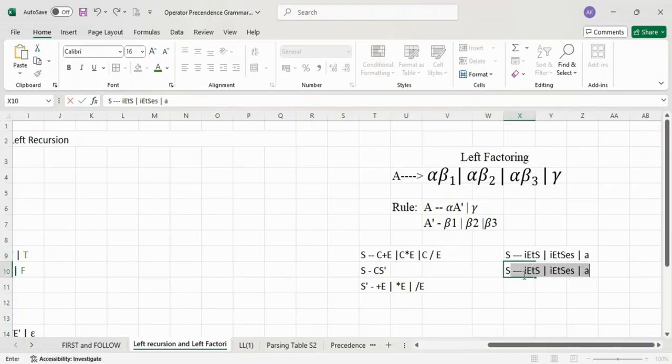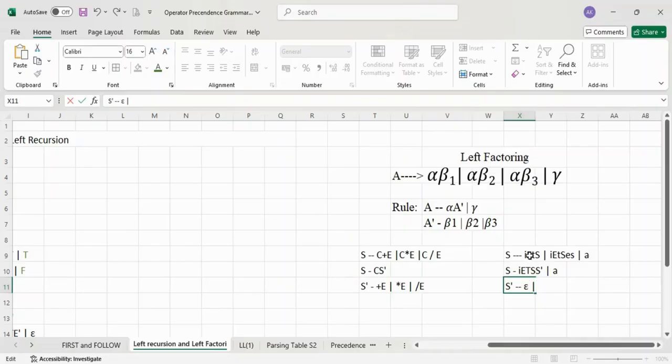So according to the rule, I write S gives alpha S dash, and I add my gamma production, and with S dash I write all my beta productions. Now if you observe, in this particular grammar, beta is missing. Whenever beta is missing, you add an epsilon to your beta 1.